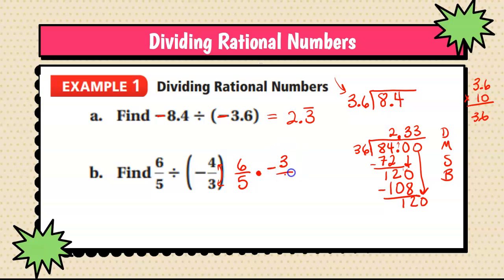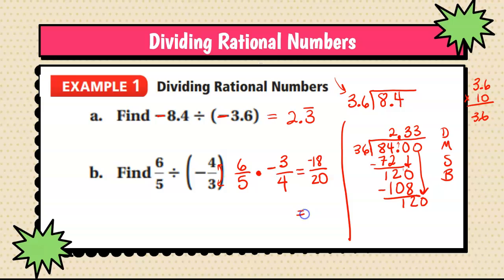So I've got negative 3/4. To multiply these fractions, I'm going to multiply straight across. So 6 times negative 3 is negative 18. Give myself a little line here. And 5 times 4 is 20.